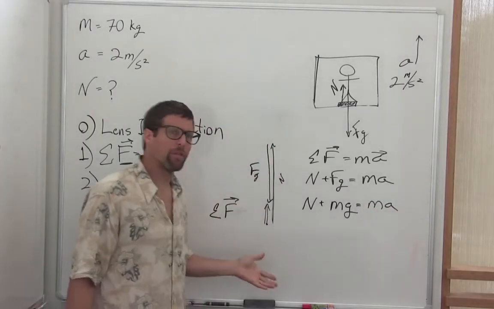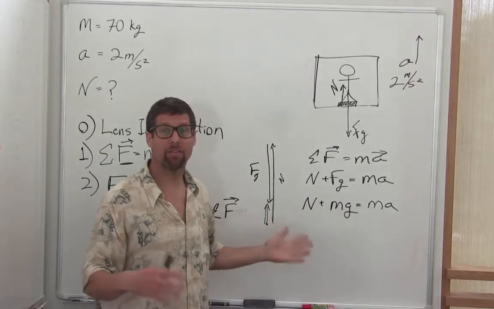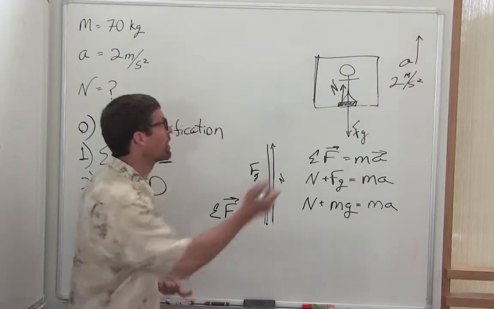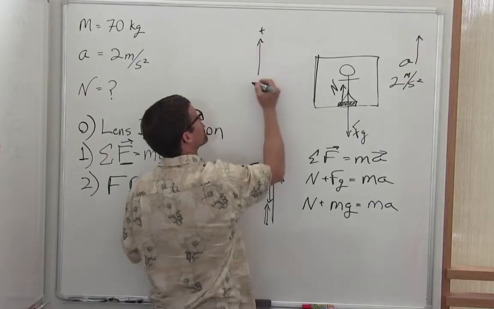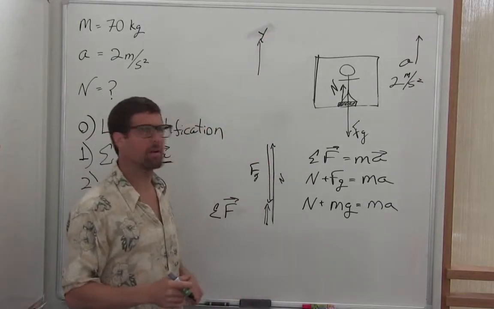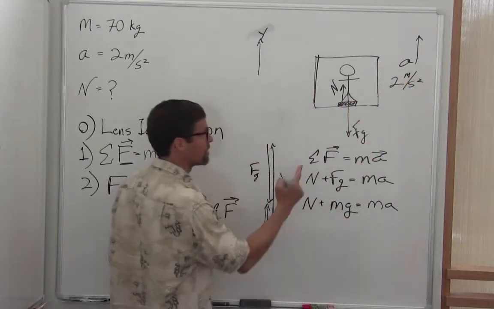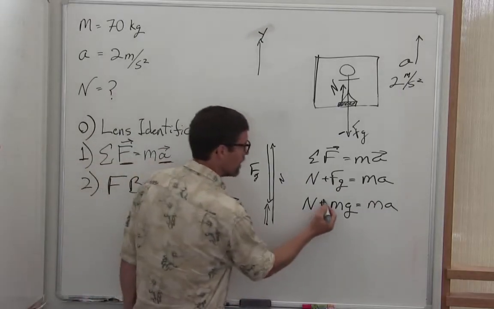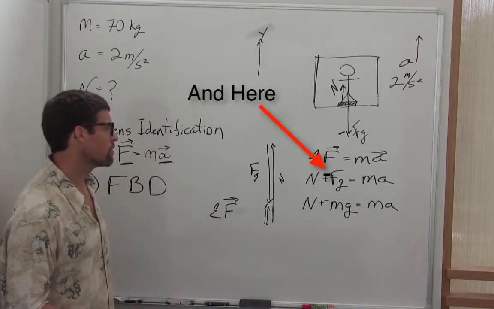Now before I go any further, I've made a crucial mistake, and that is I haven't identified a positive direction. And so what I'm going to do here is I'm going to say this is the positive y direction, and I won't worry about the x direction because nothing's happening there. So now we can identify this as a positive force, a positive acceleration, and this is a negative mg downward. And so this goes here.